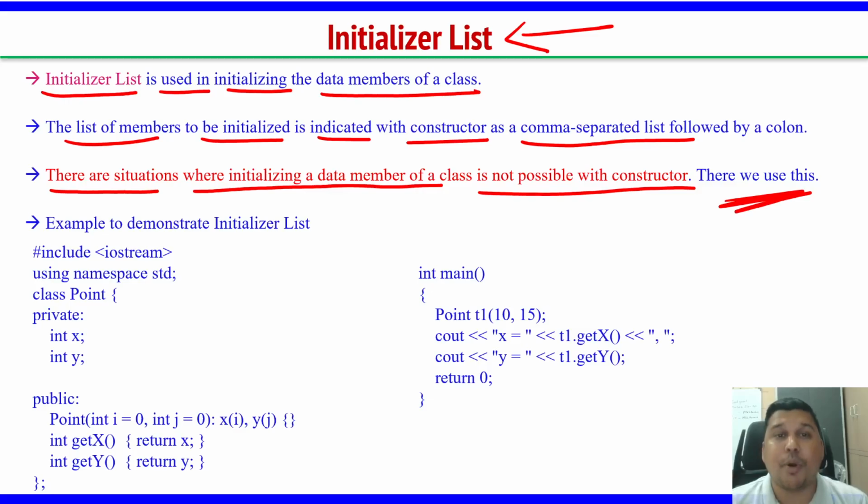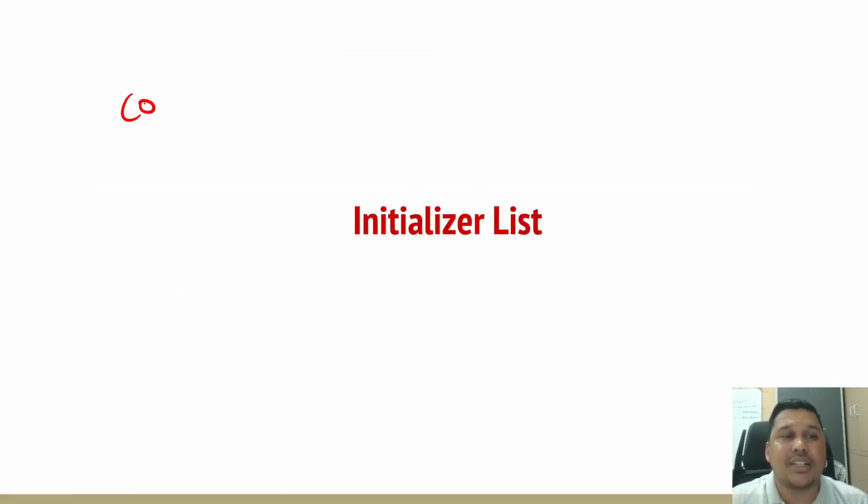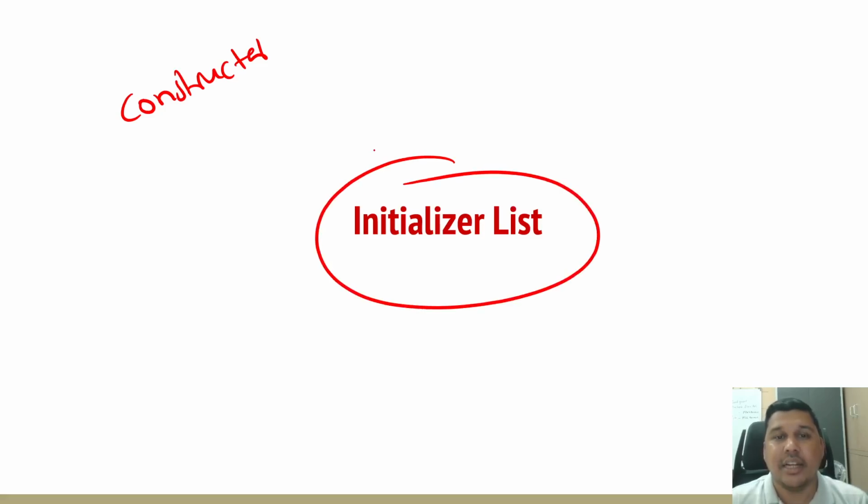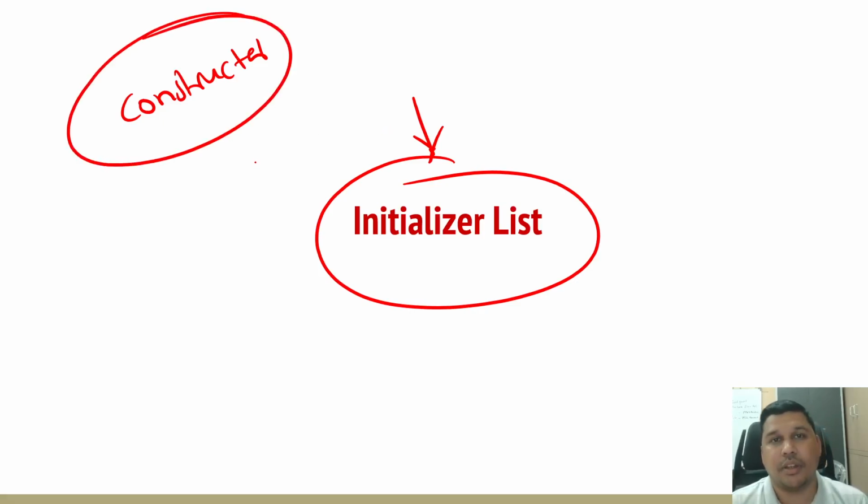But the important point here is that even if it is possible, I am saying that if you have a constructor, you can assign the private data members or data members of the class. We can do that, but you can also use initializer list. We are saying that initializer list can be used wherever we cannot initialize the values using a constructor.